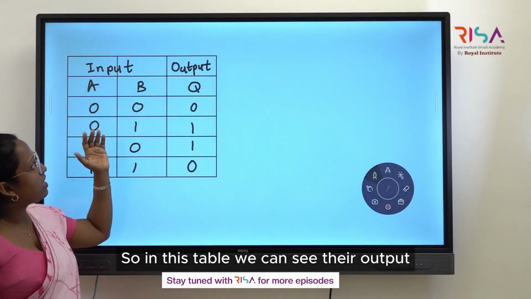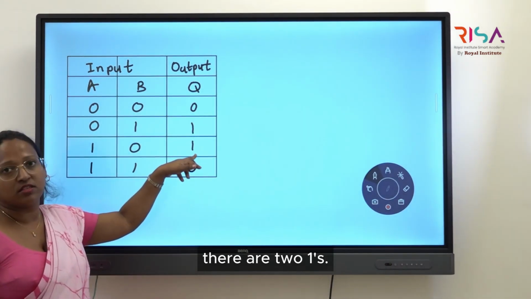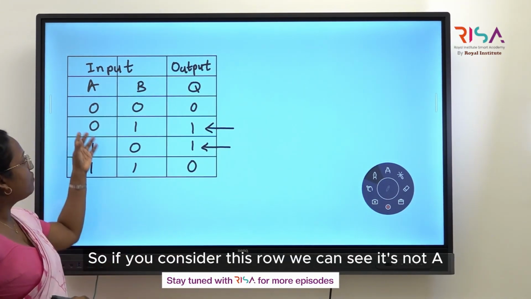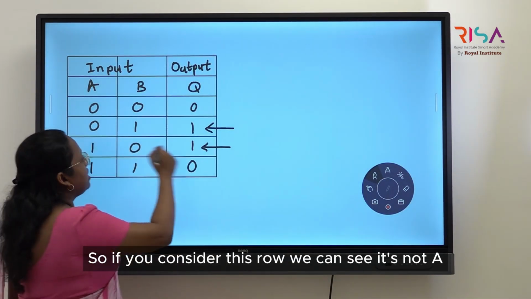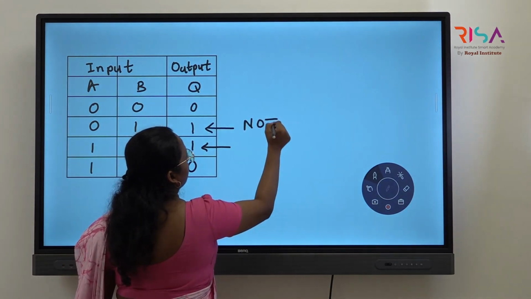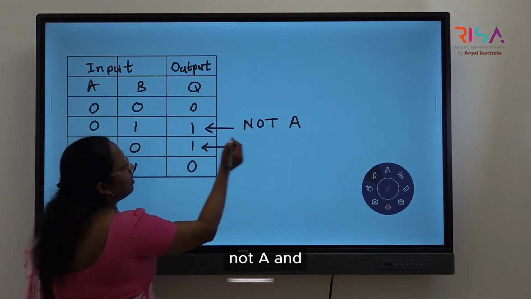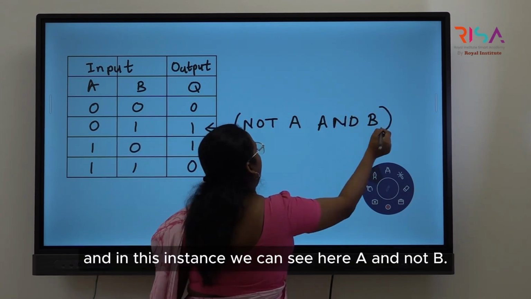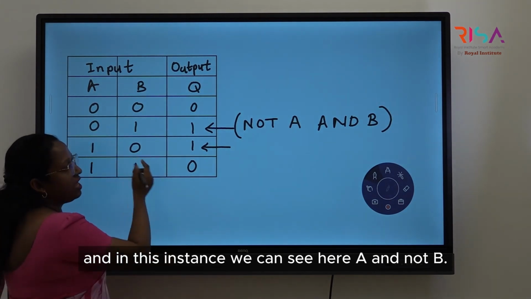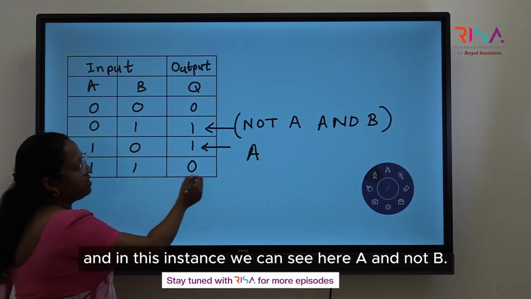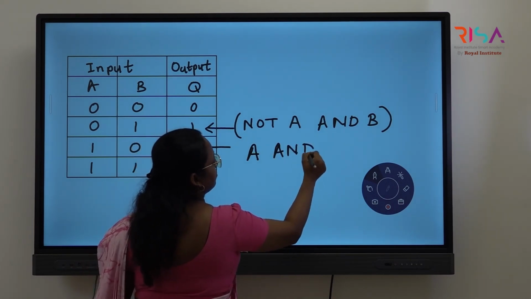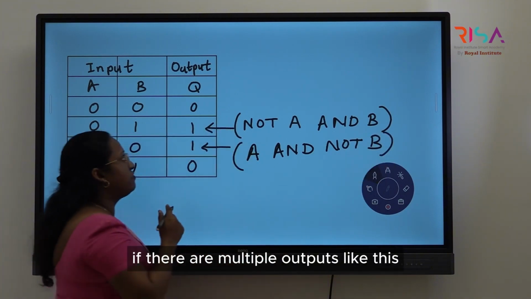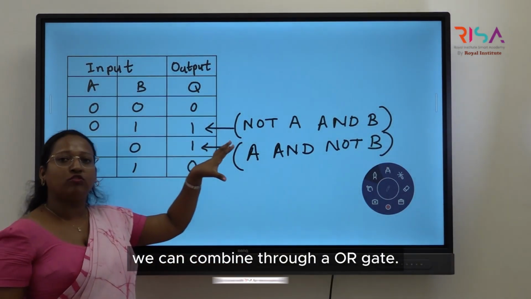So in this table, we can see in the output there are two ones. So we can consider both these instances when we are going to build a logic notation. If you consider this row, we can see it's NOT A and B. And in this instance, we can see A and NOT B. So if there are multiple outputs like this, we can combine both these expressions through an OR gate.